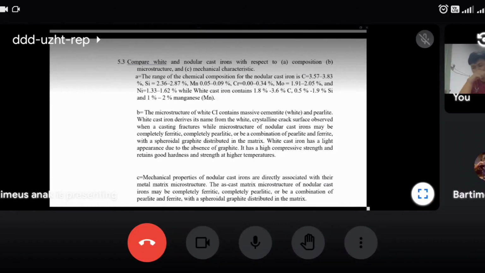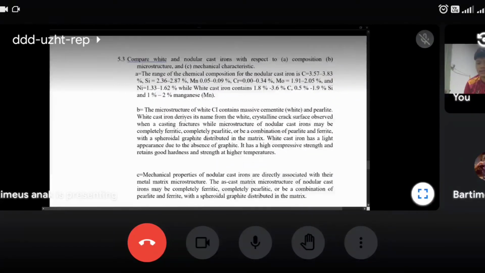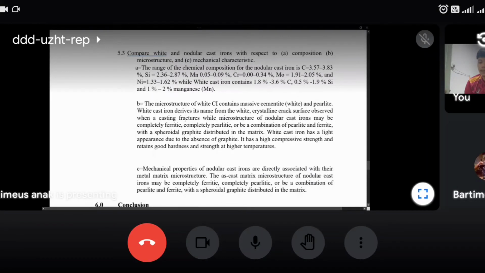So for the microstructure of white cast iron, it contains massive cementite and pearlite.